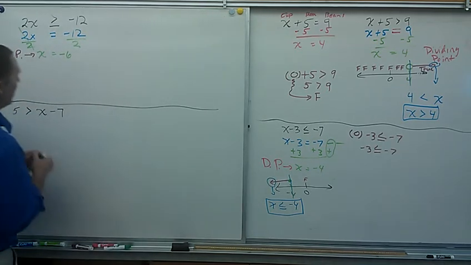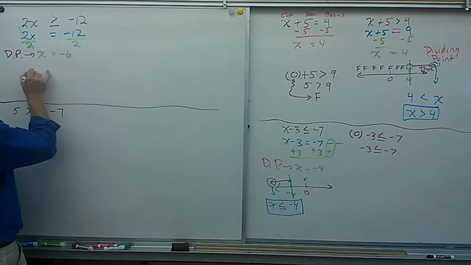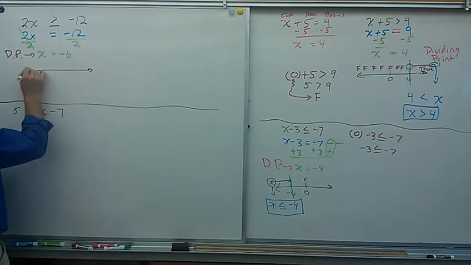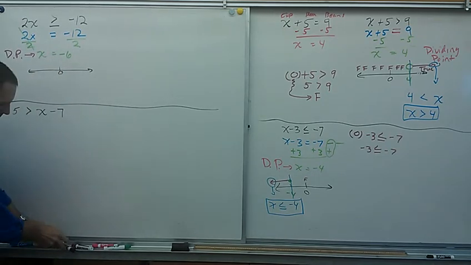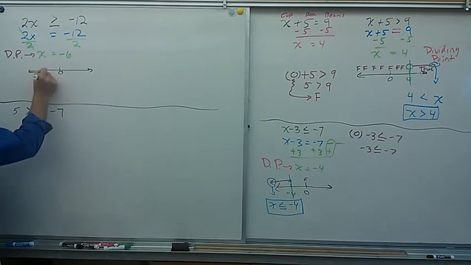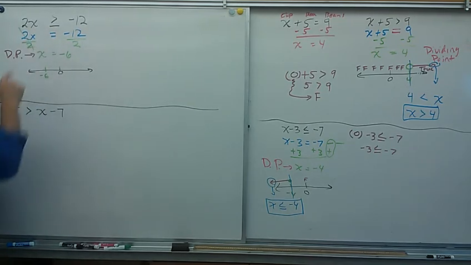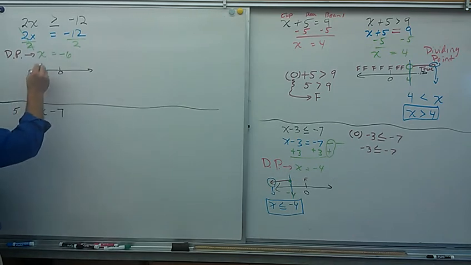So now I can plot my graph. There's 0. The negative 6 is going to be on the left-hand side. So I put my negative 6 like that. I come back, look here. I have an equal to sign. So that means I'm going to use the dot instead of the donut.